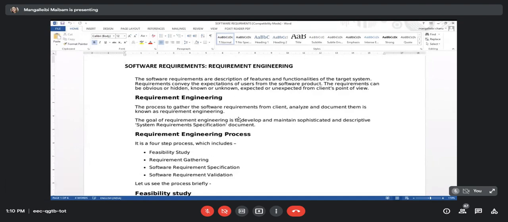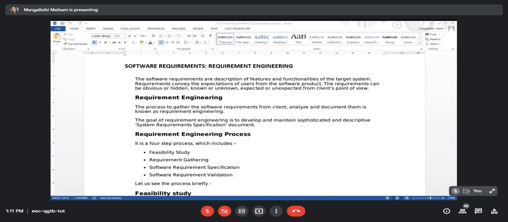That is known as requirement engineering. We perform requirement engineering in order to develop and maintain a sophisticated and descriptive document. That document is known as SRS, which we did in our last class.